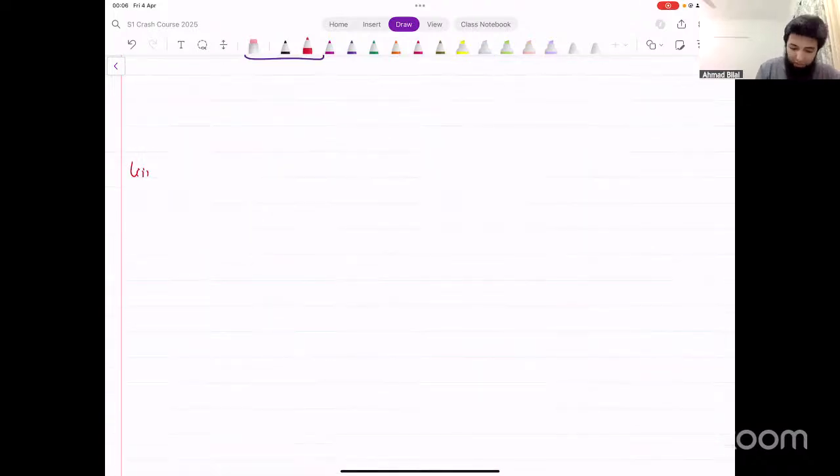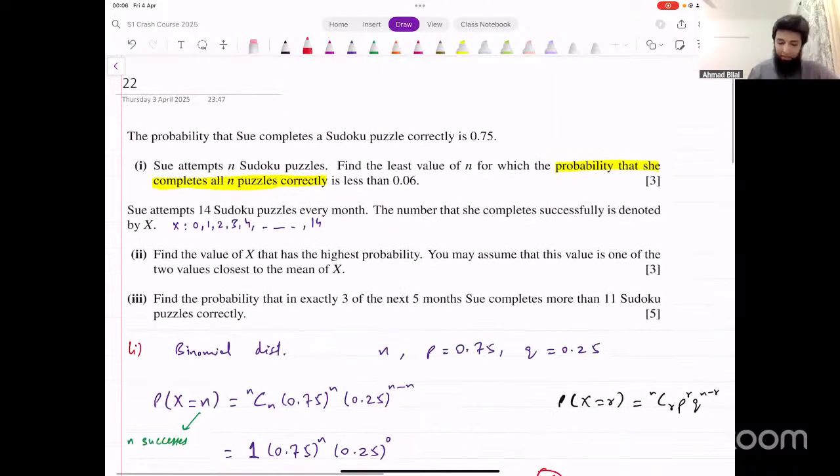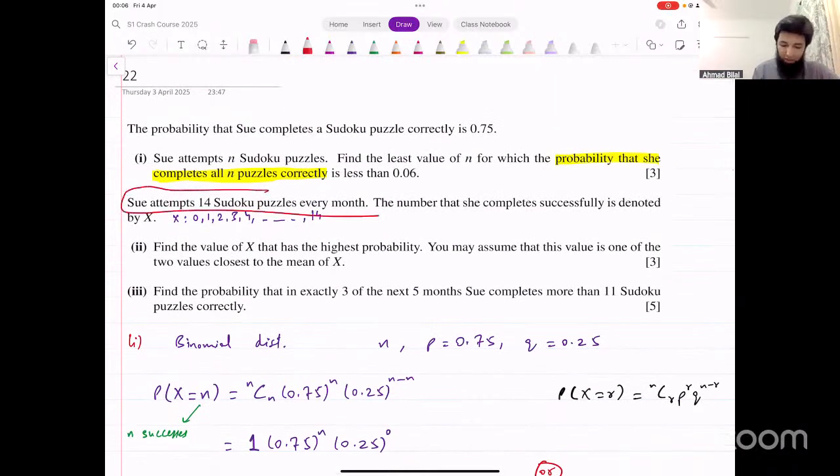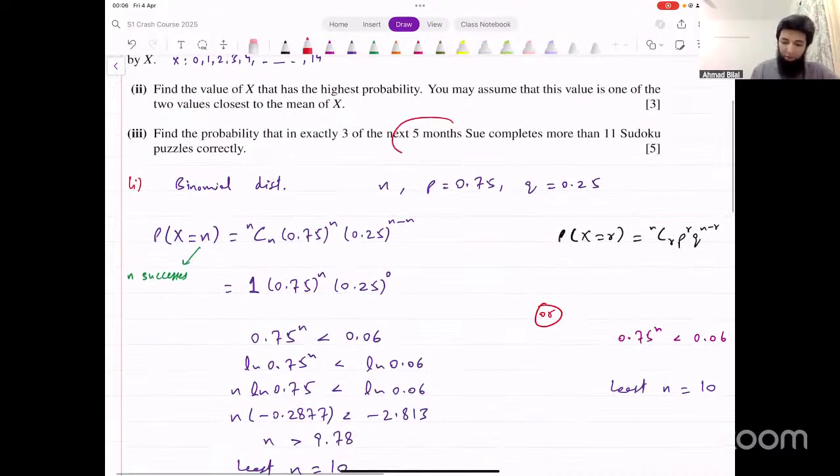Part 3. We're talking about 5 months. In every single month, she is solving 14 puzzles. We're talking about 5 months.